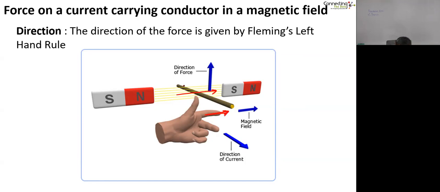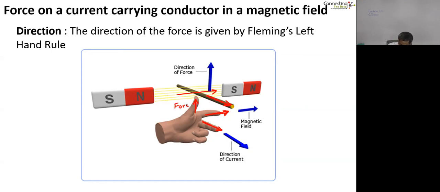Now there is a current carrying conductor and the current is flowing in that direction. So the middle finger is pointing in the direction of the current. If that is the way you hold your left hand, then the direction of the thumb gives you the direction of the force.